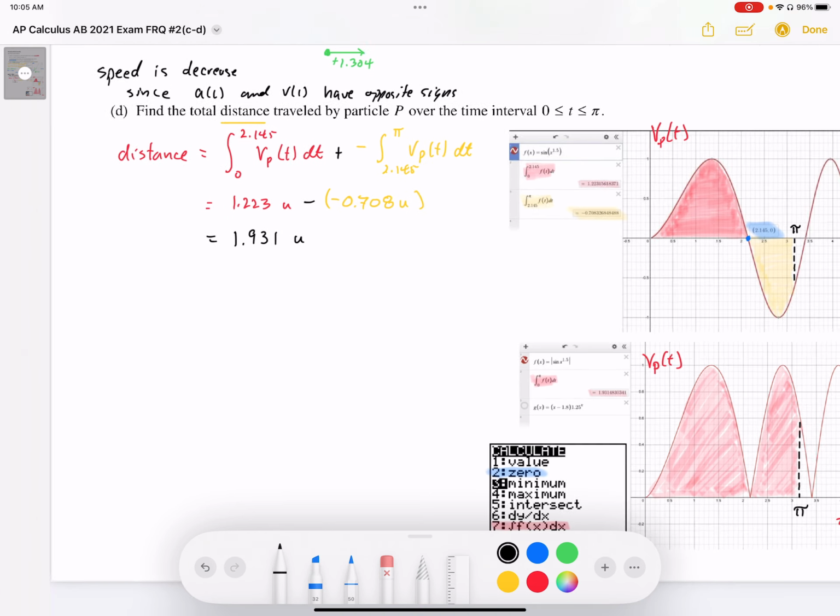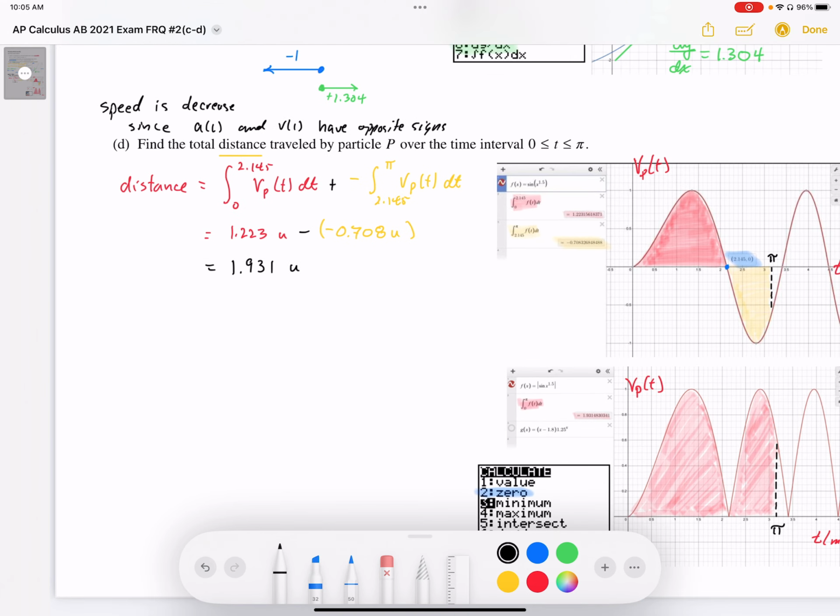Okay, so that's the total distance traveled. And we can do that by summing up those two separate areas.